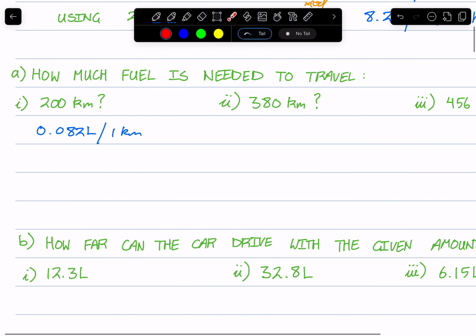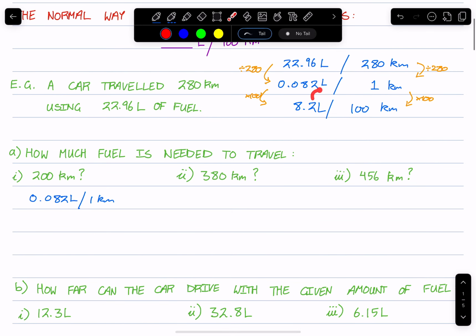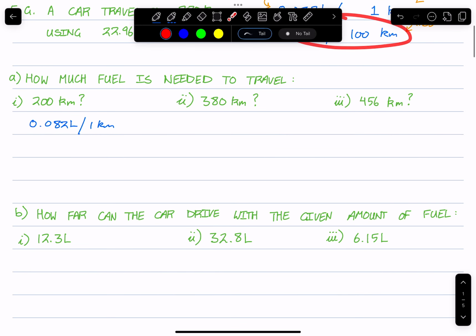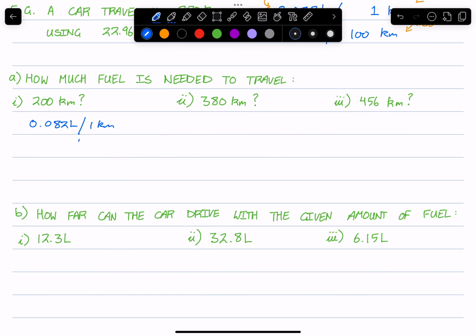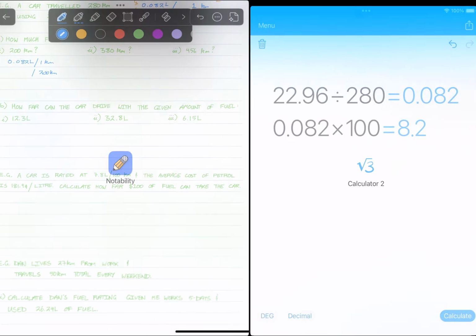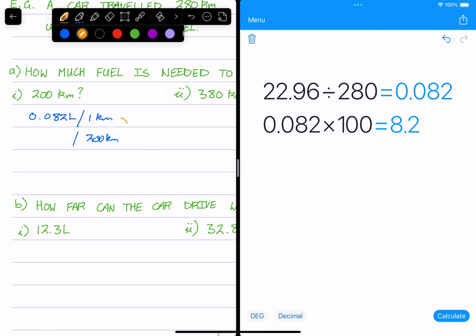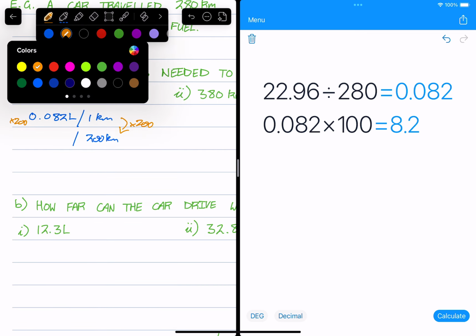Now the reason why we would use this rating instead of the one required is since we have 1 kilometer, that's easy to calculate. We just now multiply this by 200 to find the number we are looking for. We do the same to the other side of the rate.